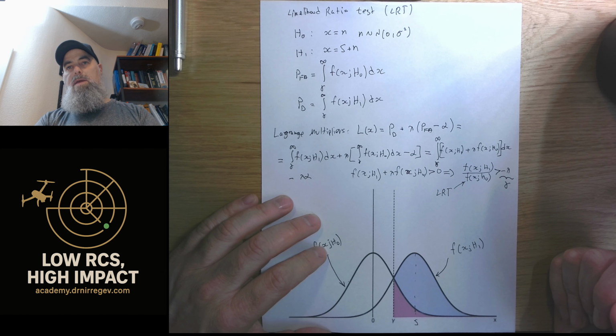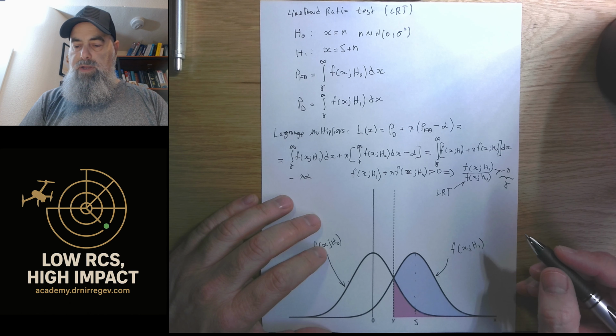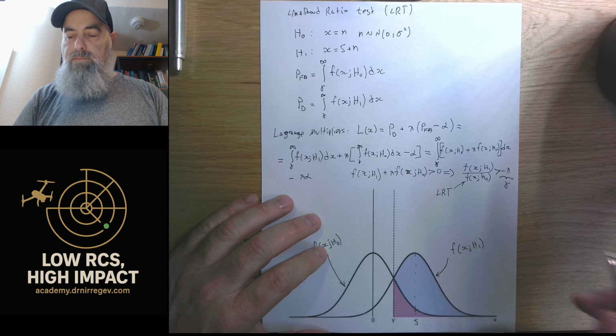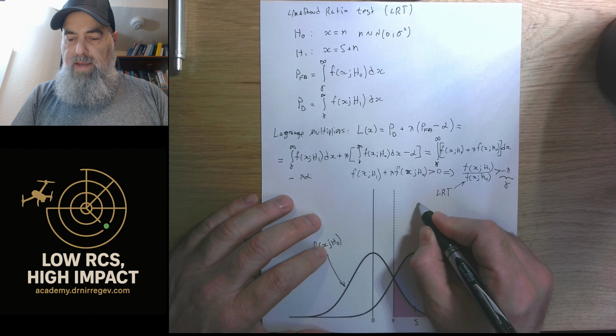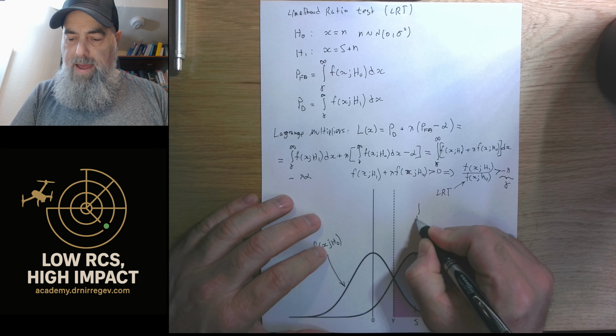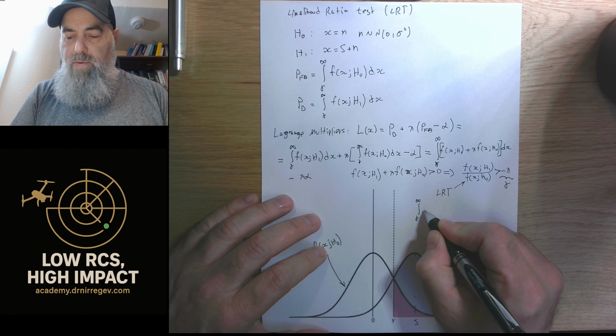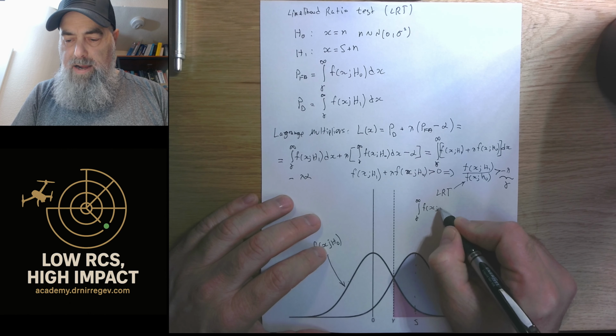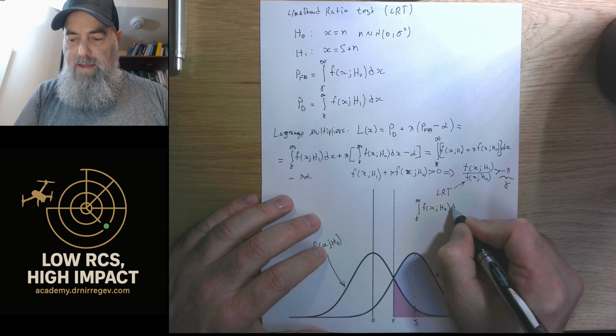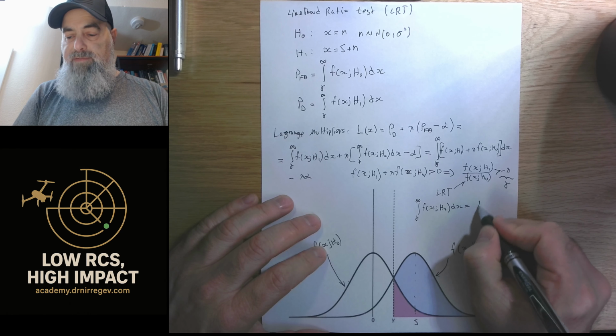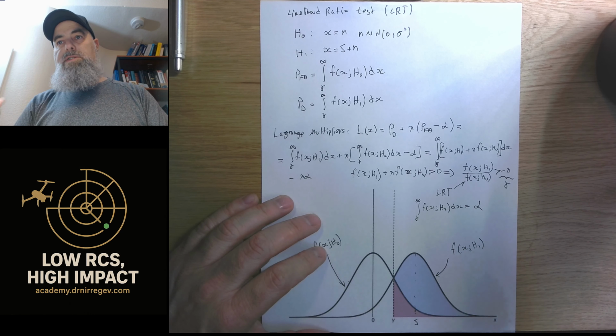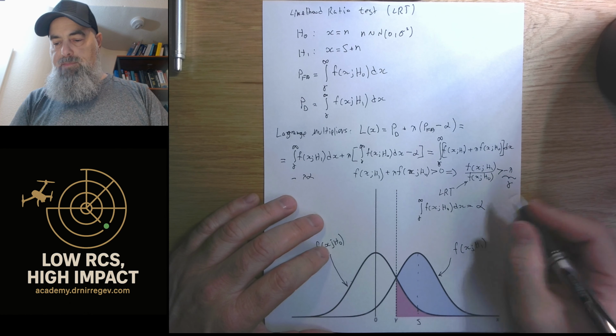That's the Neyman-Pearson theorem. We know that the integral from gamma to infinity of f of x under H0 dx equals alpha, a number that we choose, for example 10 to the minus 5.